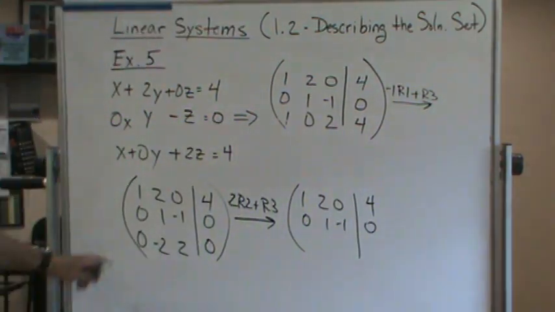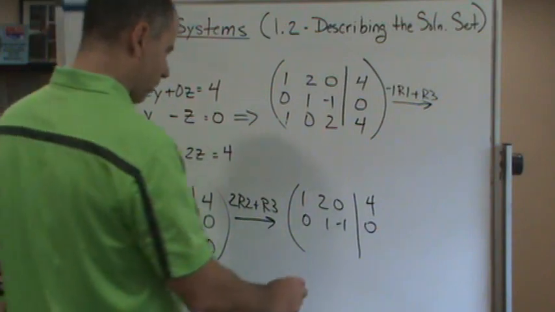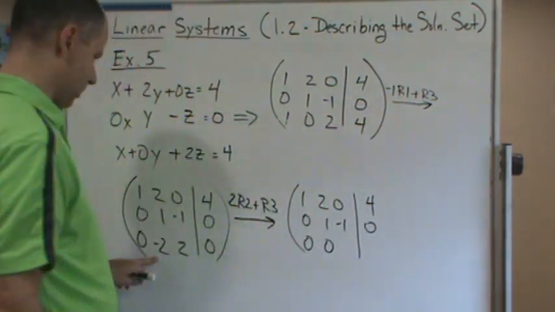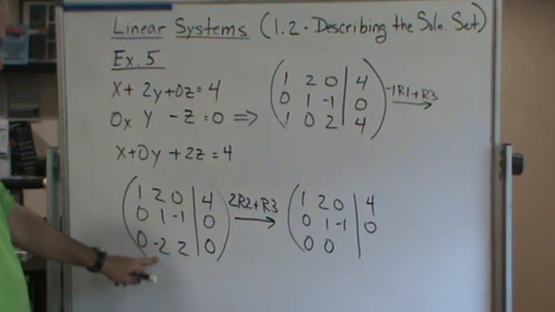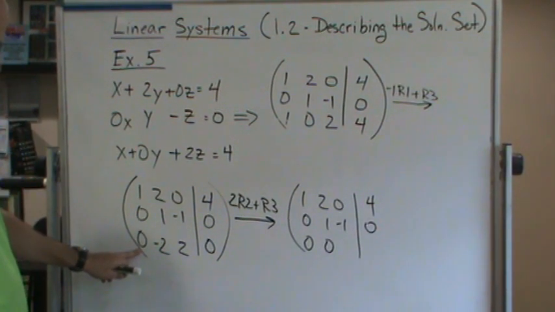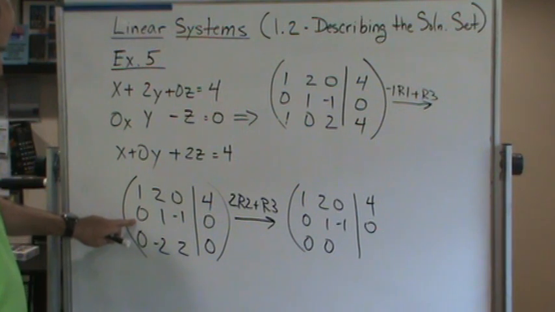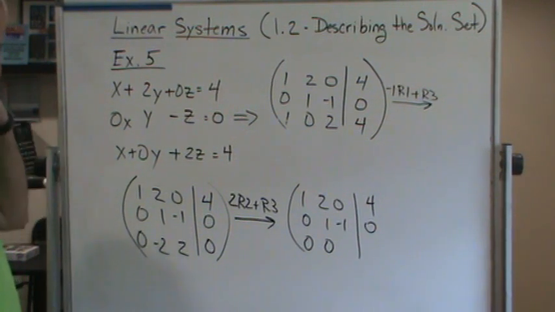Now, this is going to end up being 0. This is going to stay the same, so it's still going to be 0. Then 2 times 0 is 0, so it doesn't change anything here.